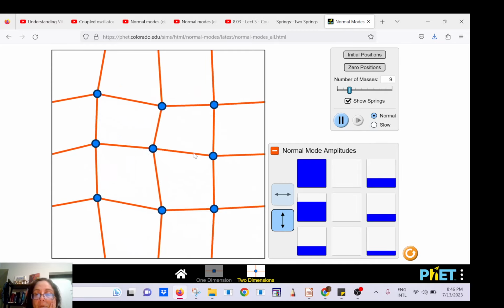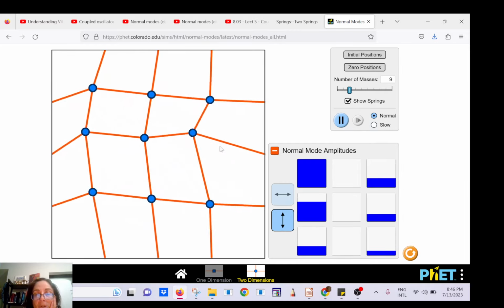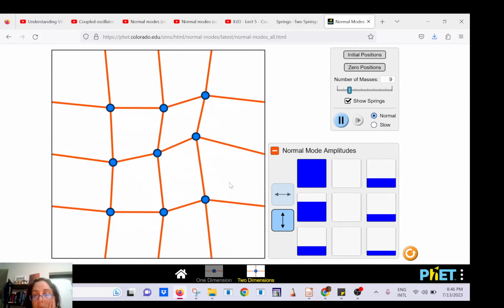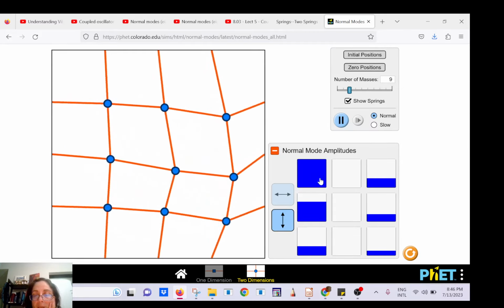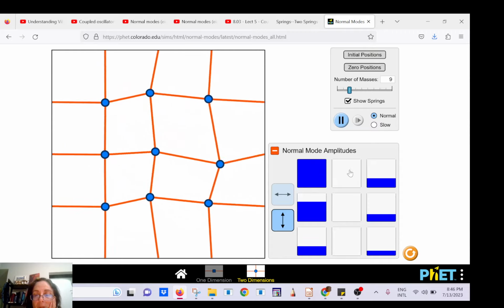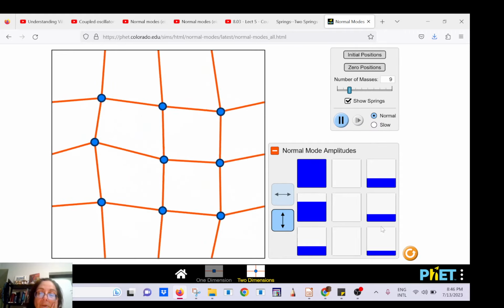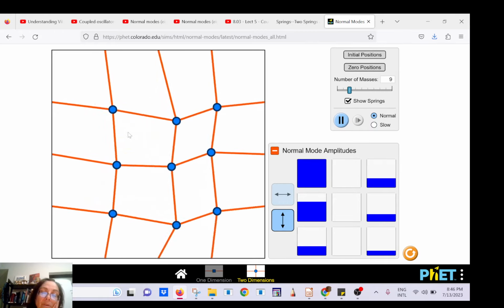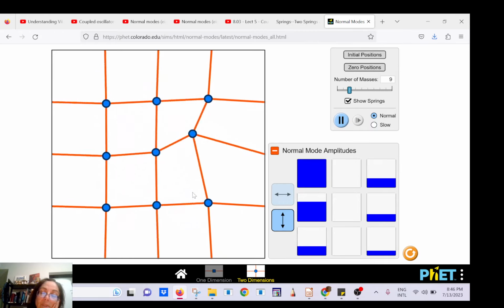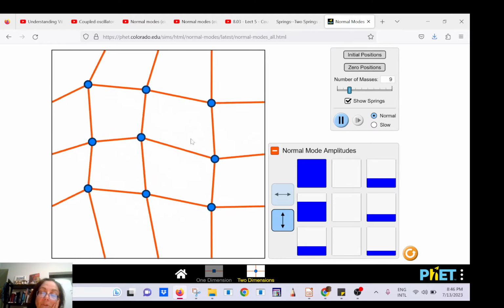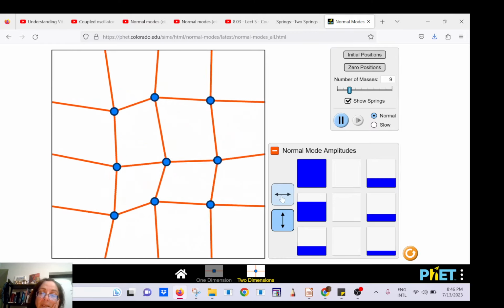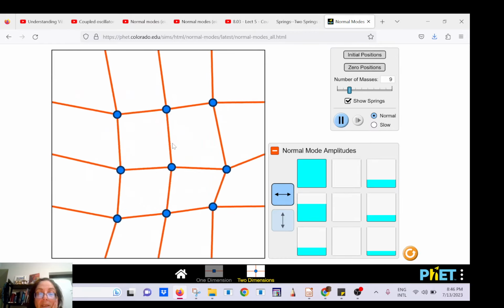So if I disturb it, you see, they don't show you the normal modes, but you see you have a little bit of this one, a little bit of that, none of those. Okay, so you have a superposition of all the normal modes, even though you don't see the normal modes here, but you see the superposition. You can go this way.